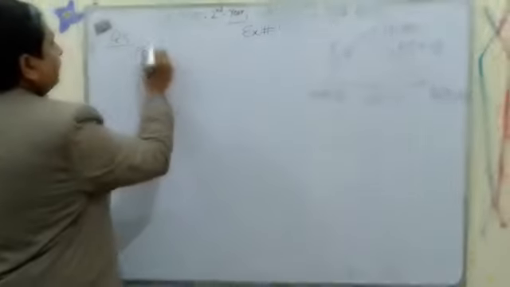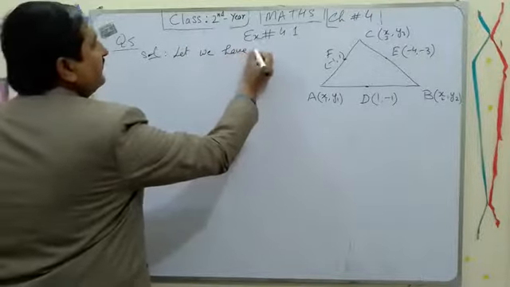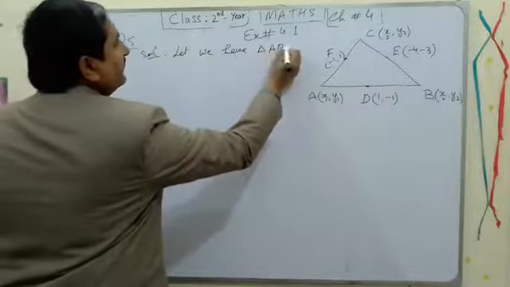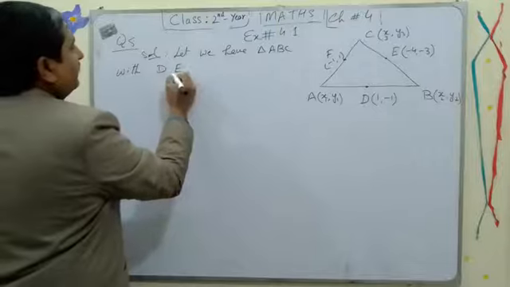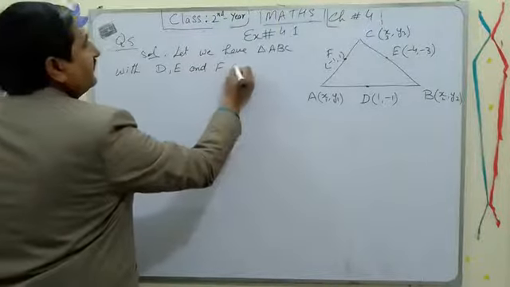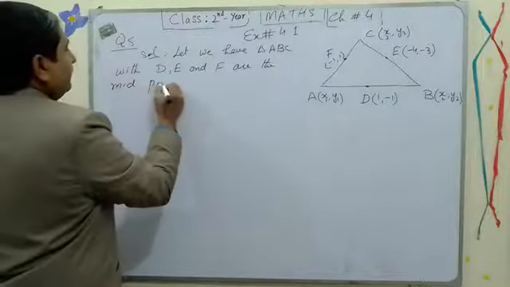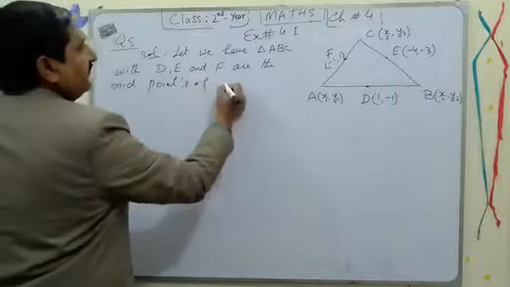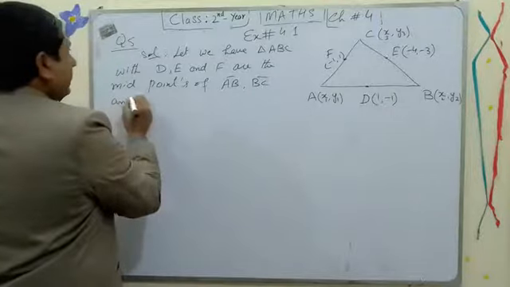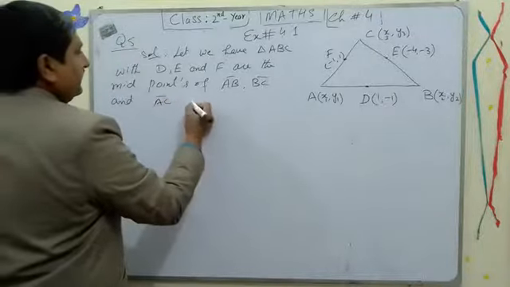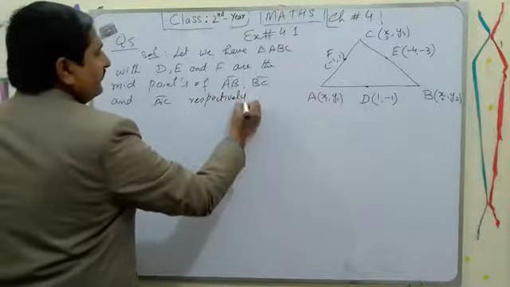So in the solution, let us have triangle ABC with D, E and F as the midpoints of AB, BC and AC respectively, right?